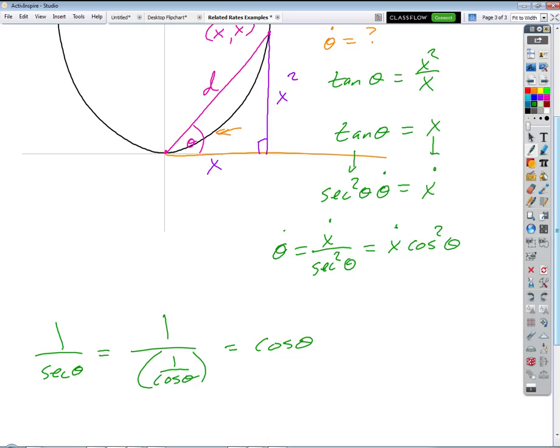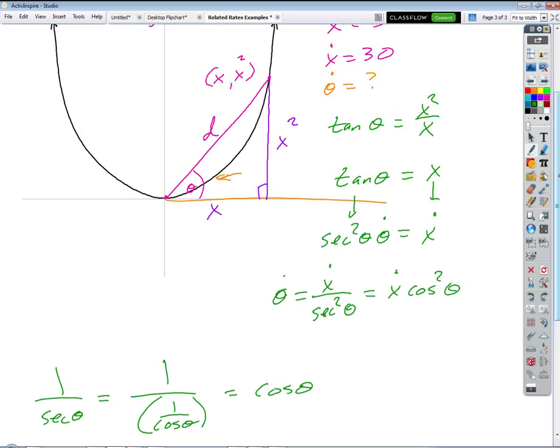So let's go back up to our triangle and plug in some stuff, because now we're just going to plug and chug. Cosine is the ratio of adjacent over hypotenuse.